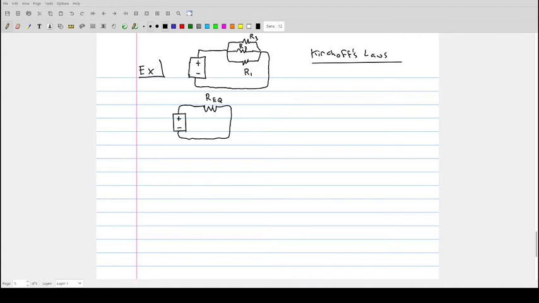But for resistors that are in parallel, the equivalent resistance actually obeys what's called an inverse law. So 1 over Req is equal to 1 over R1 plus 1 over R2 plus 1 over R3.